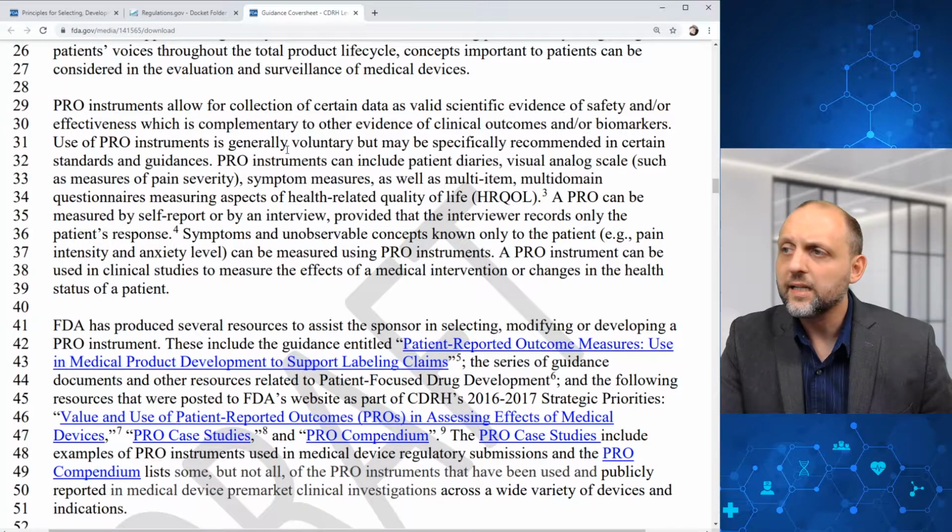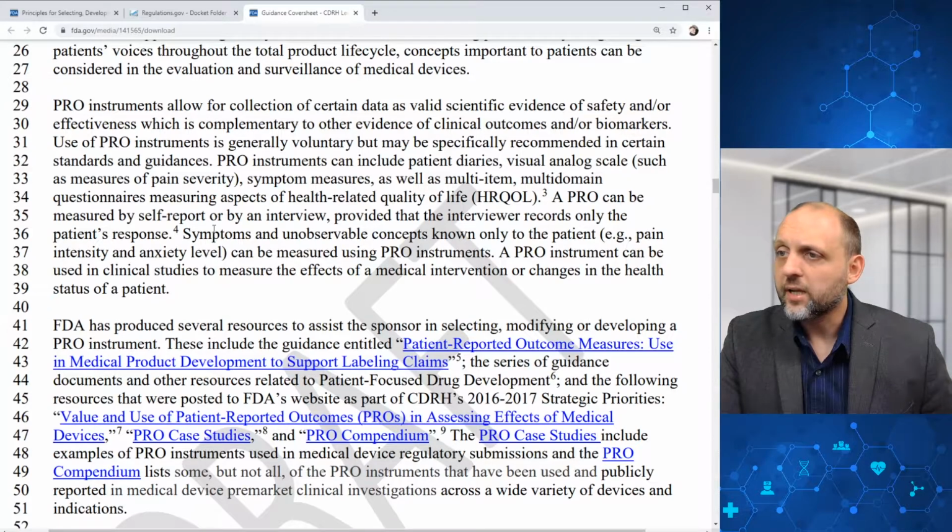PRO instruments allow for collection of certain data as valid scientific evidence of safety and/or effectiveness, which is complementary to other evidence of clinical outcomes and/or biomarkers. Use of PRO instruments is generally voluntary but may be specifically recommended in certain standards and guidances. PRO instruments can include patient diaries, visual analog scales, symptom measures, as well as multi-item, multi-domain questionnaires measuring aspects of health-related quality of life, that's HRQOL.